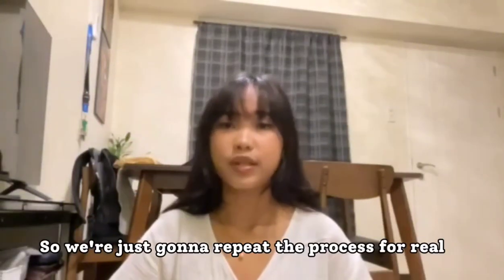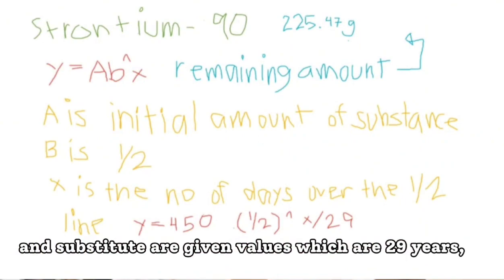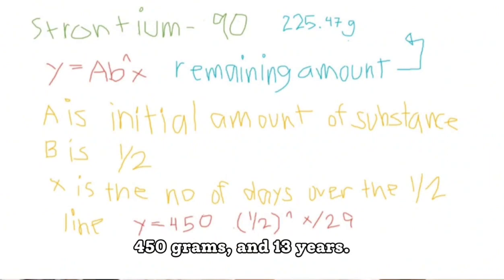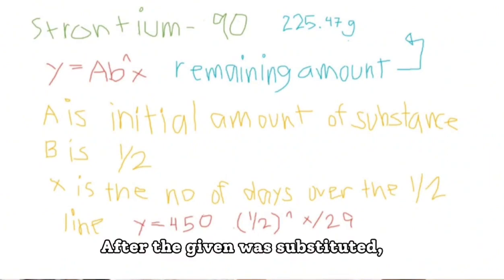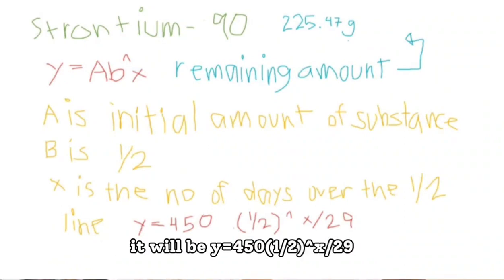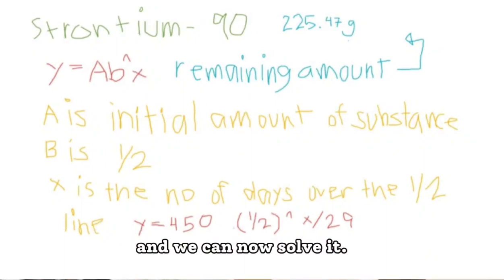So we're just going to repeat the process wherein we'll still use the formula y equals A B to the x, and substitute our given values, which are 29 years, 450 grams, and 13 years. After the given values were substituted, it will be y equals 450 times (1/2) to the power of x over 29. And we can now solve it.